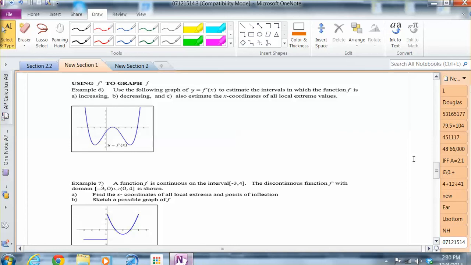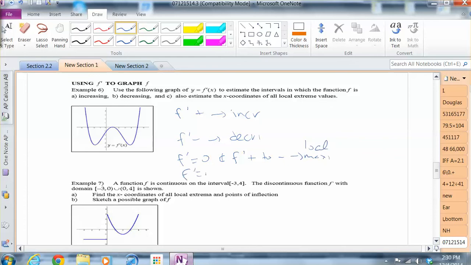Well, the thing is that when your derivative is positive, you have an increasing function. When your derivative is negative, you've got yourself a decreasing function. And of course, local extreme values could happen. You've got to be careful. If f prime equals 0 and f prime goes from positive to negative, that's a local max.